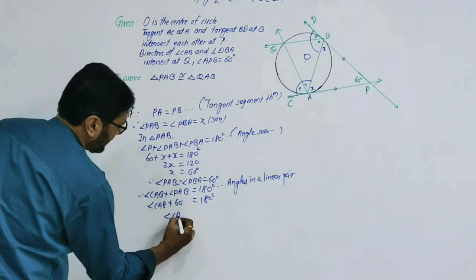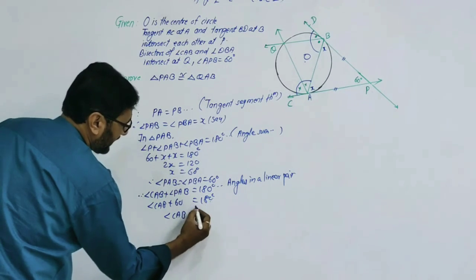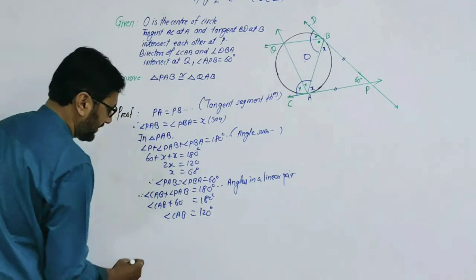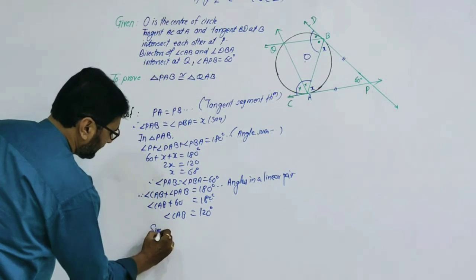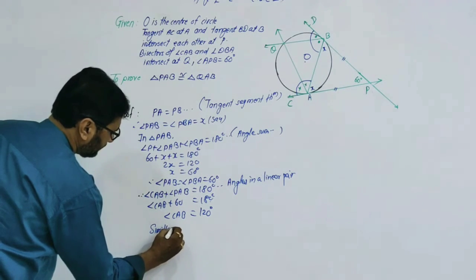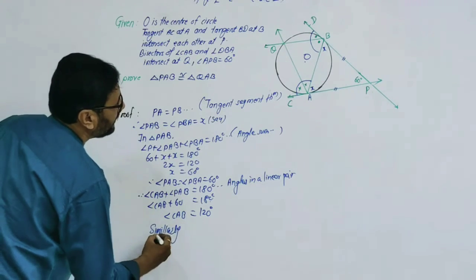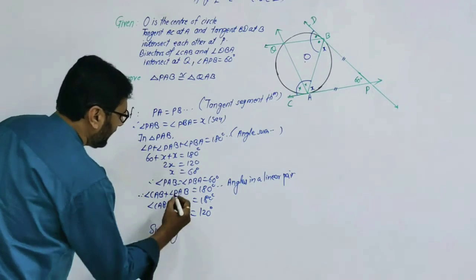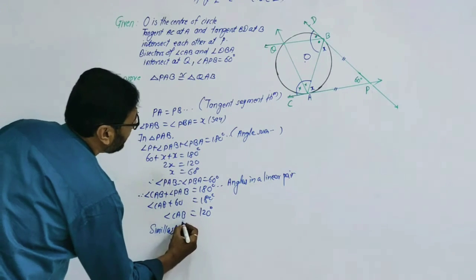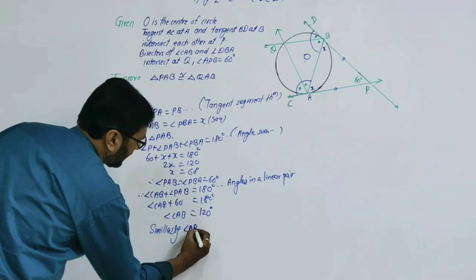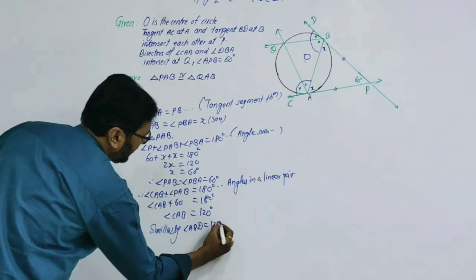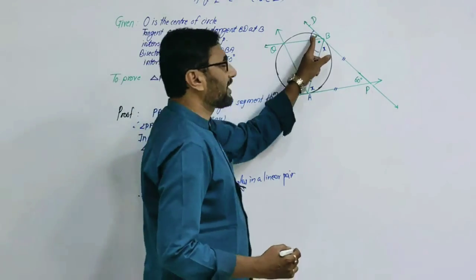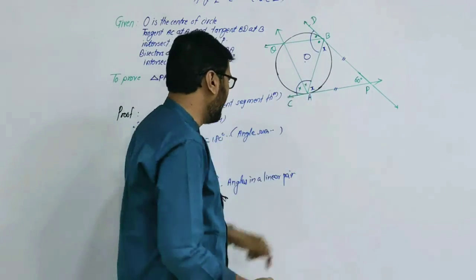So CAB is equal to 180 minus 60, that is 120. Similarly, angle DBA or ABD, whatever you want, you can take. ABD is also equal to how much degree? 120 degree. ABD भी कितना रहेगा? 120 degree रहेगा.